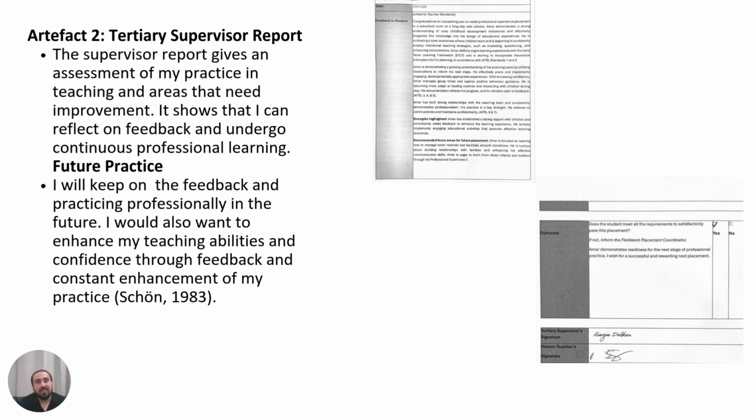The second artifact is the tertiary supervisor report, which I got in my previous placement from my tertiary teacher. It is a supervisor report that evaluates my teaching practice. The combination of these artifacts shows that I am able to be reflective and become a better teacher, which aligns with professional learning. In future, I will still strive to get feedback from my mentor and teachers, and I will put it into practice.